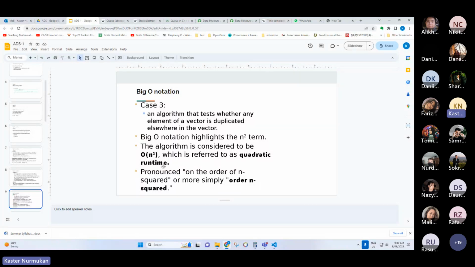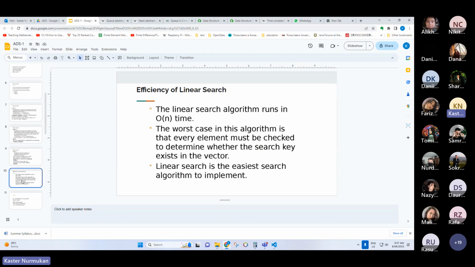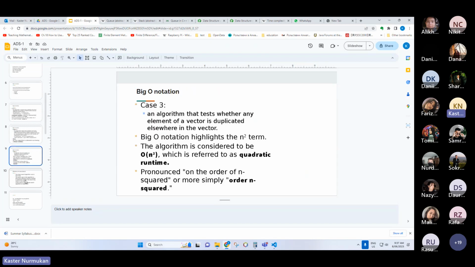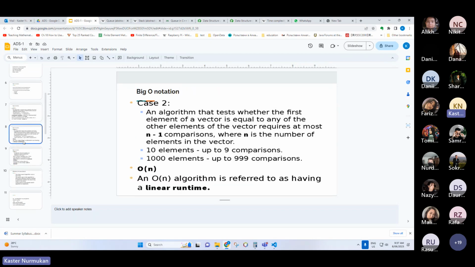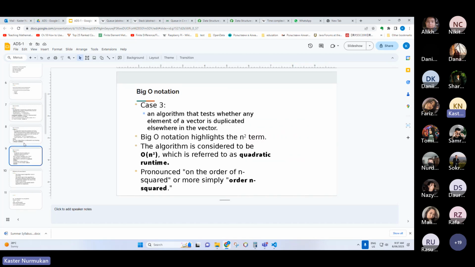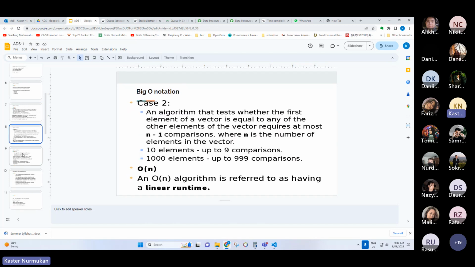So that's the kind of complexity they will spend. For example, a real example, as I said, bubble sort. So usually we represent the bad case this way. So those are the three fundamental representations in the big O concept.